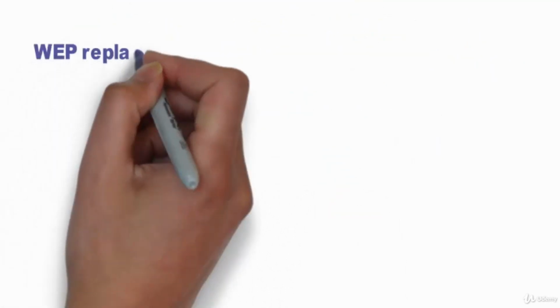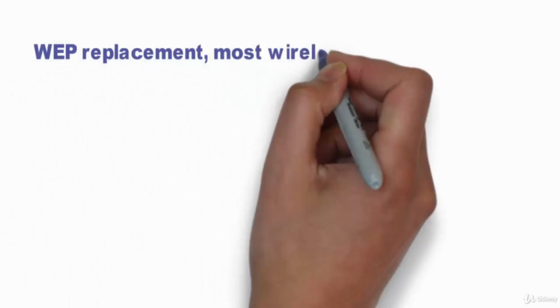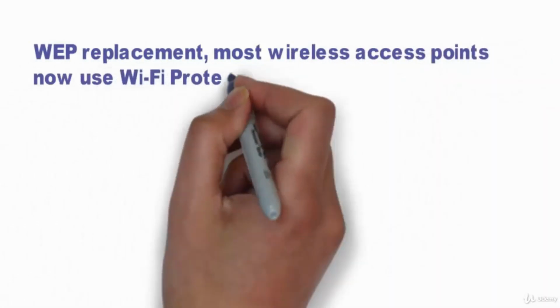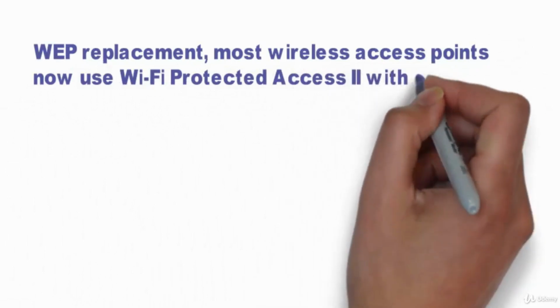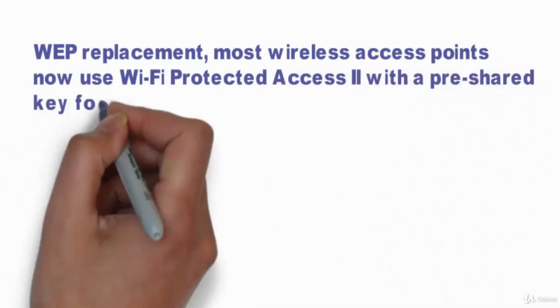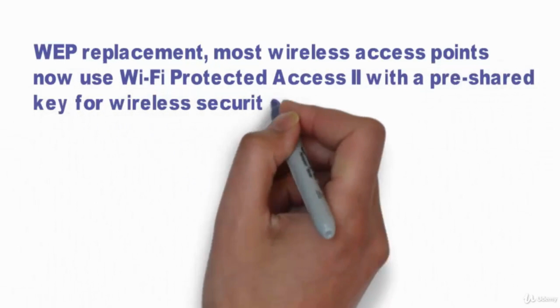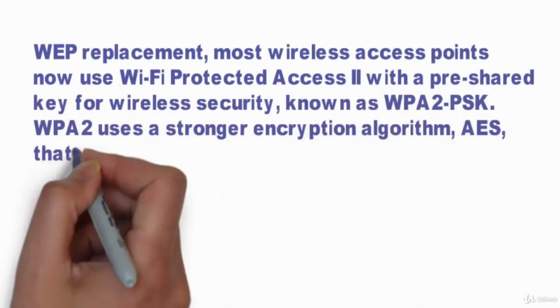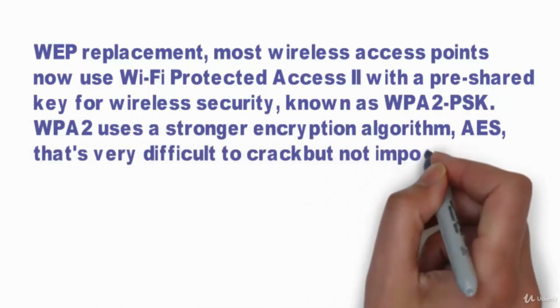As its replacement, most wireless access points now use Wi-Fi Protected Access with a pre-shared key for wireless security, known as WPA2 PSK. WPA2 uses a stronger encryption algorithm, AES, that's very difficult to crack but not impossible.